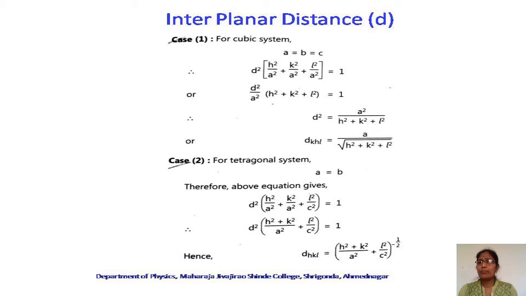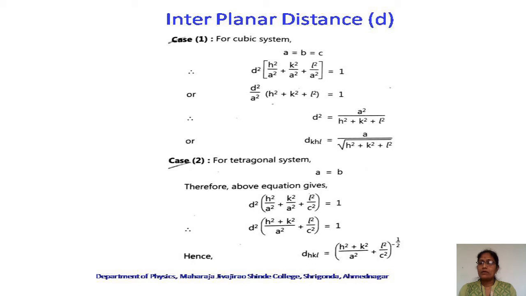You have to remember that you have to follow the norms in crystallography, that is, d hkl is equal to a upon square root of h square plus k square plus l square. This is the formula which gives the relation between interplanar distance, Miller indices and lattice parameter in case of cubic system.